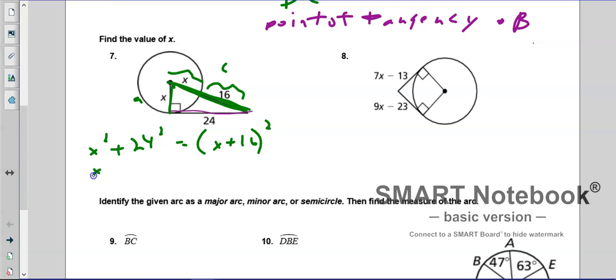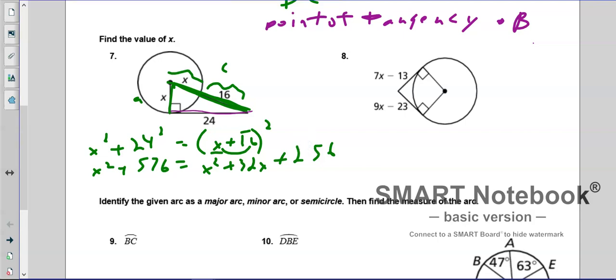So remember, there's a trick here. You can go off to the side and foil this. All right, this is 576. Now, remember, it's very simple. You're just going to square this term. You're going to multiply and double, so 32x, and then square this term. That was supposed to be a 2.